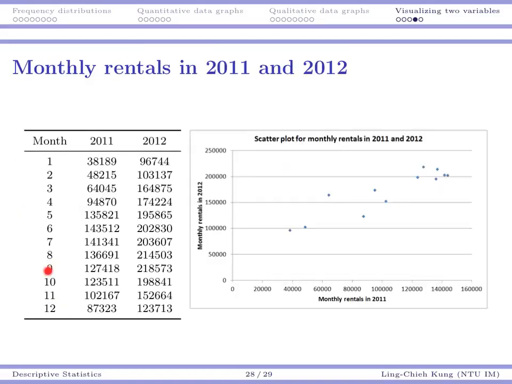Let's talk about the monthly data first. We have all this data. For January, we have two numbers, one for 2011, the other for 2012. For February, it's the same thing, and so on. So we can plot them onto a scatter plot. For example, for January, we have around 40,000 and around 100,000, and this is exactly this point.